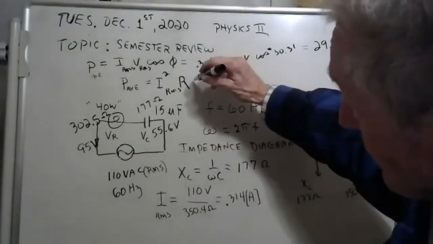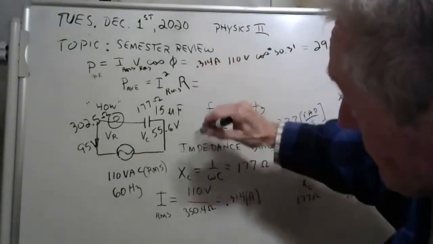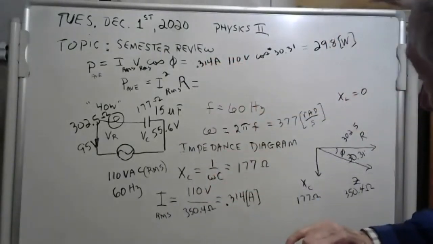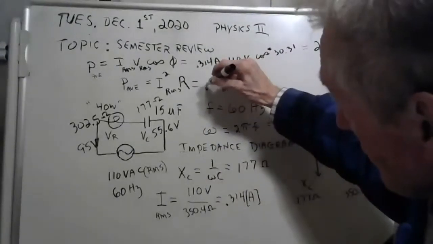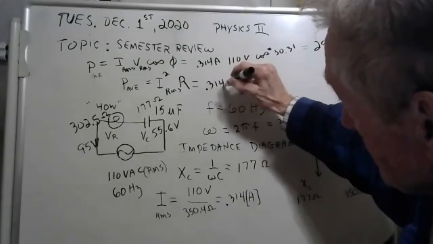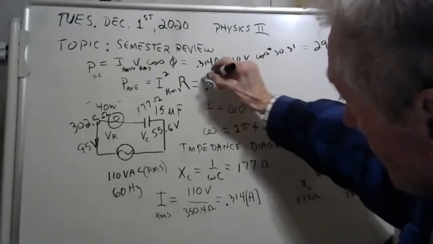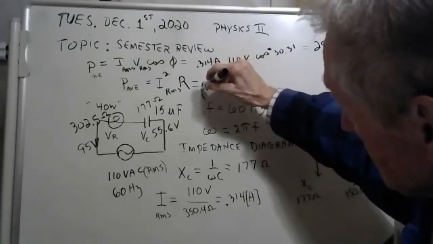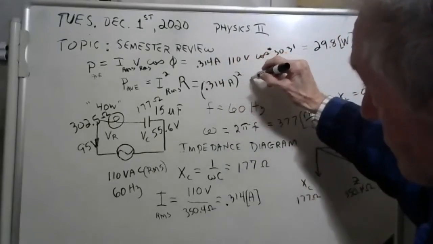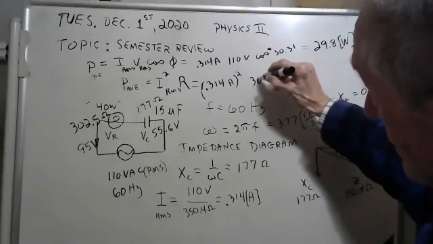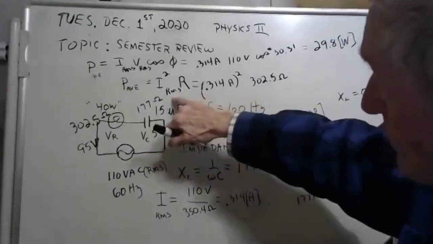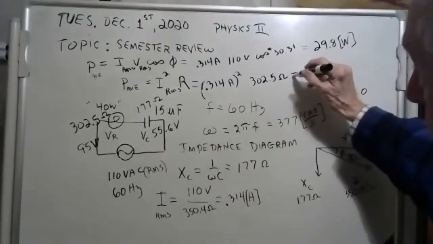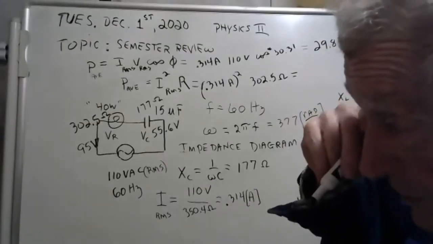And you can find the power by taking the current, which is 0.314 amps, squaring it, times the resistance, 302. Go ahead and do that for me. Do the I squared R and tell me what you get for the power of the resistor.